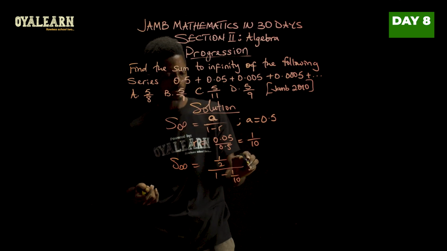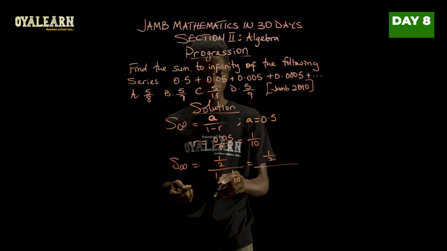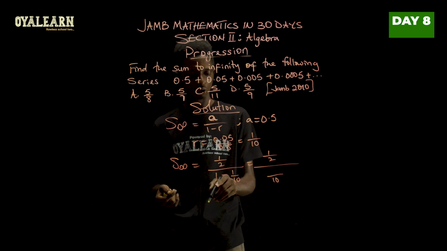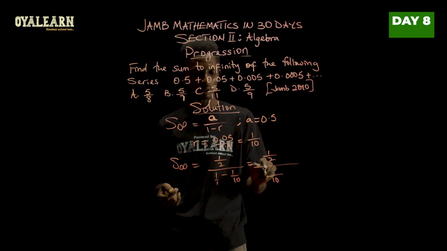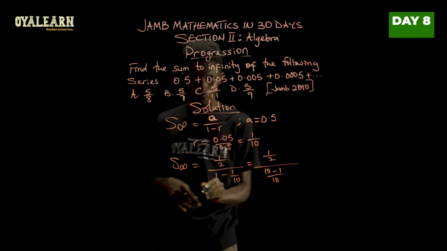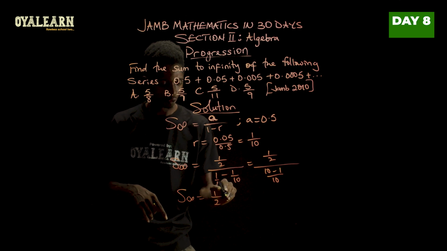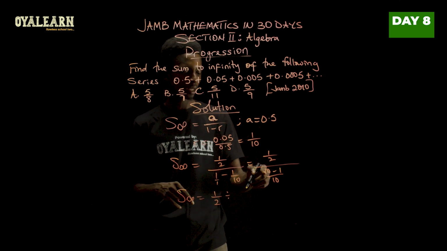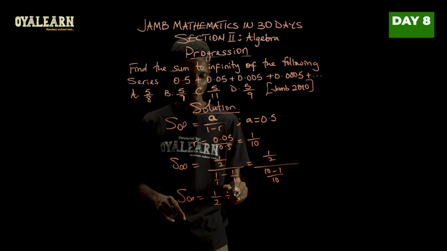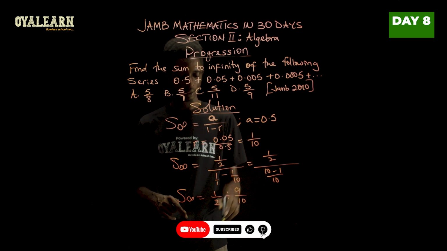So basically I'm going to have 1 over 2 all divided by, now if we take the LCM, which is 10. This is like saying over 1, so 1 here is 10. 10 times this will become 10, so minus 1. So our sum to infinity becomes 1 over 2 divided by 10 minus 1, which is 9, over 10.